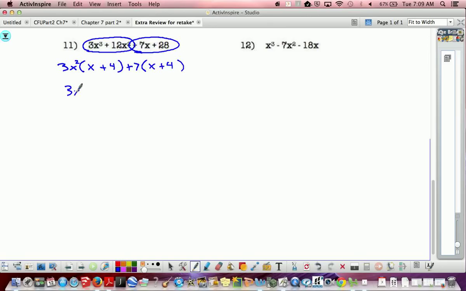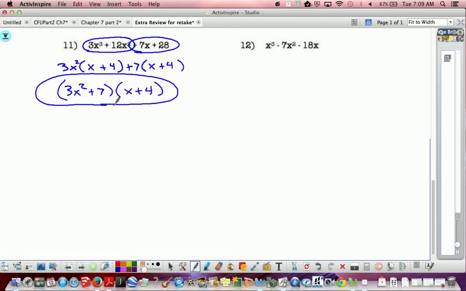So I have 3x squared plus 7 sets of x plus 4s. Again, FOIL it out. 3x cubed plus 12x squared plus 7x plus 28 works out.